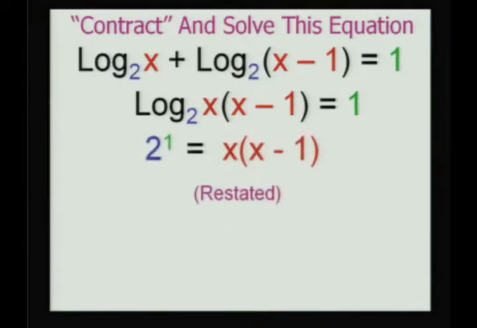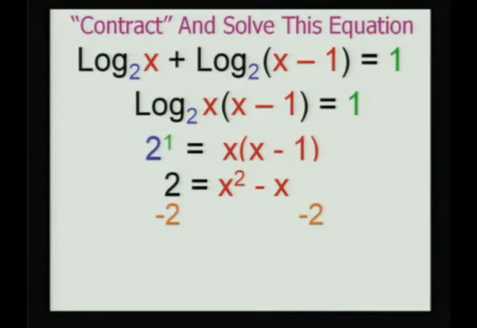Okay, let's rewrite this. The base of 2 to the exponent of 1 is x times x minus 1, because that's what the log is, the exponent. So 2 to the 1st is 2, and x times x minus 1 is x squared minus x. Subtract a 2 from both sides, and we've got a quadratic equation.